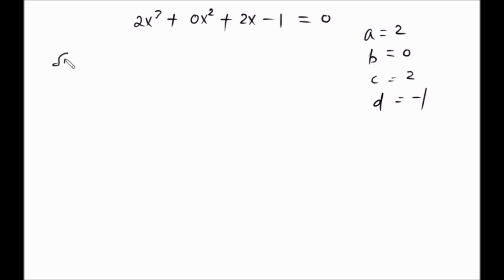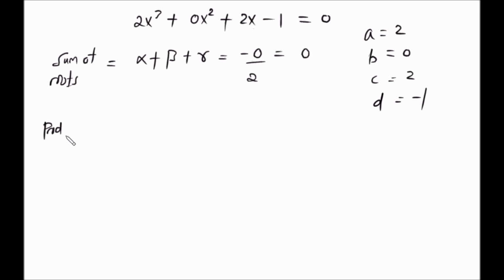So sum of roots, remember this equation we have said has roots alpha, beta and gamma. Sum of roots will be alpha plus beta plus gamma, which we said is negative b over a, which is 0 over 2, equal to 0. So alpha plus beta plus gamma is equal to 0, sum of roots.